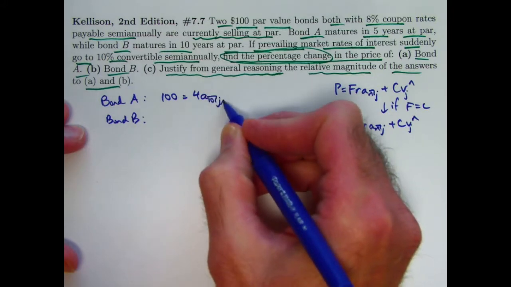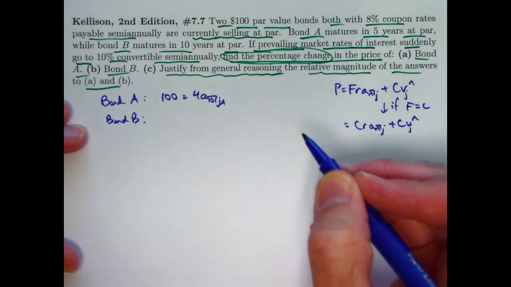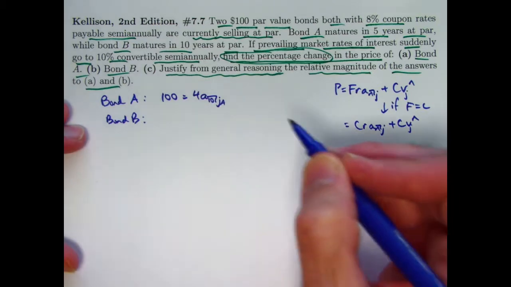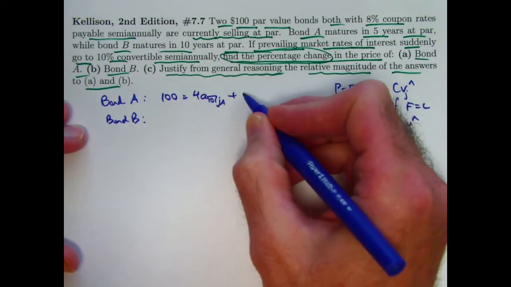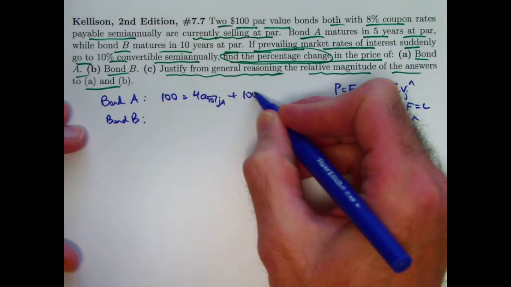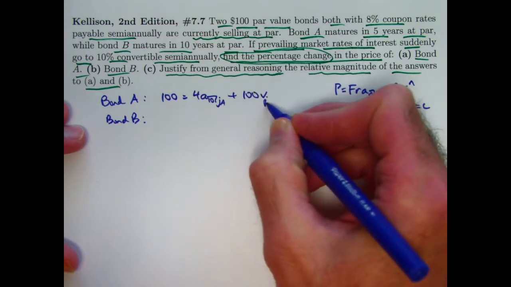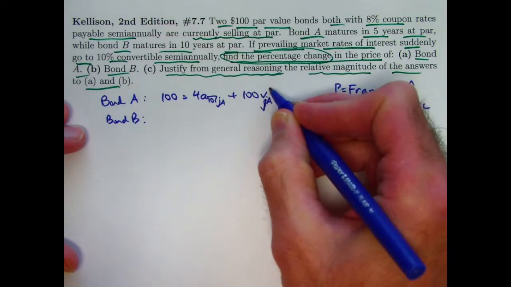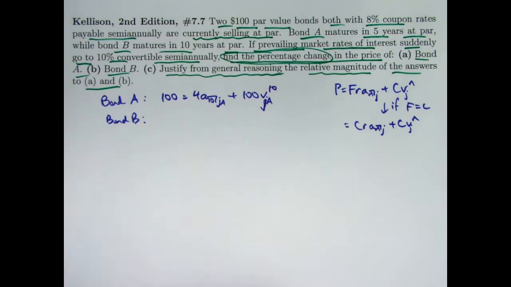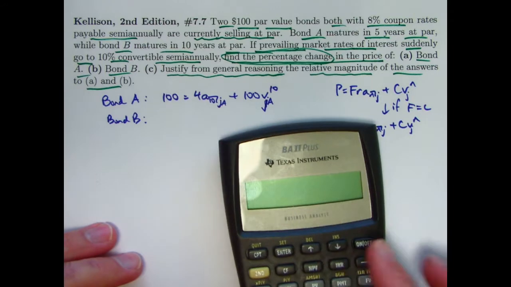We could call the unknown semi-annual yield rate j_A. It's redeemable at par, so we have 100 that gets discounted back in time 10 periods. That would be the equation of value, which you can't solve analytically for the unknown yield rate as it stands, though you actually can with this particular example.